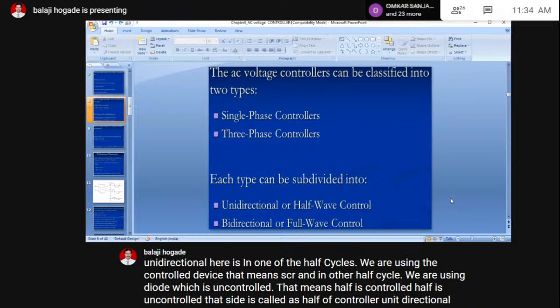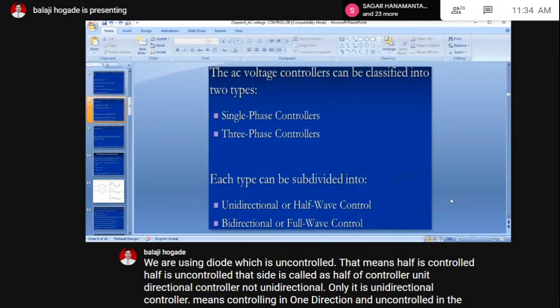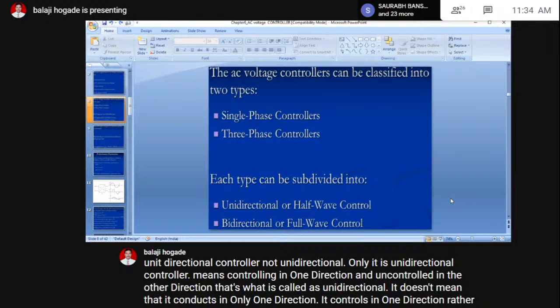It means controlling in one direction and uncontrolled in the other direction. It doesn't mean that it conducts in only one direction. It controls in one direction, and the other direction is uncontrolled.